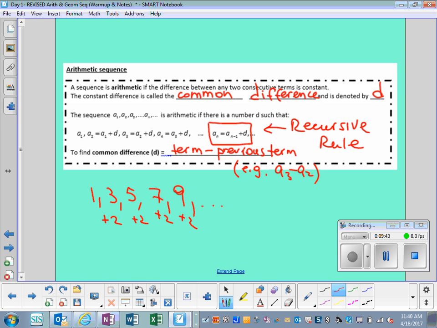In our case, 5 minus 3, or 7 minus 5, or 9 minus 7. That would be my common difference. For my example, what is D? 2. The common difference for this arithmetic sequence is D equals 2.